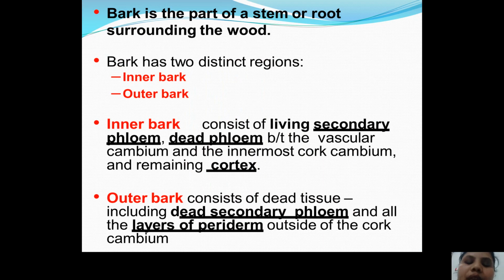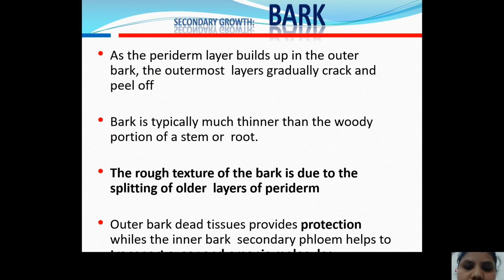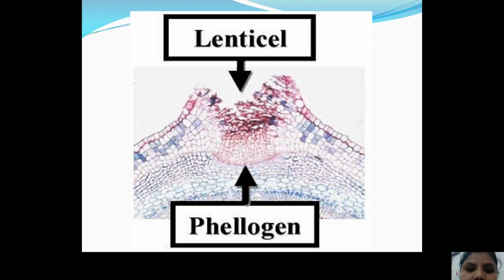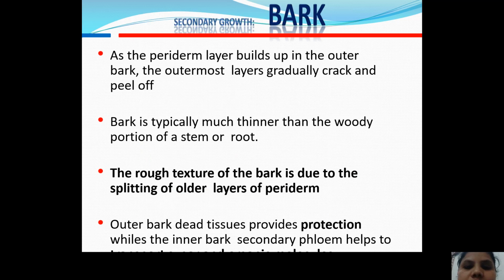Now, bark has two different regions, inner bark and outer bark. This bark appears to be stripped off because of the splitting of the older layers of the periderm.